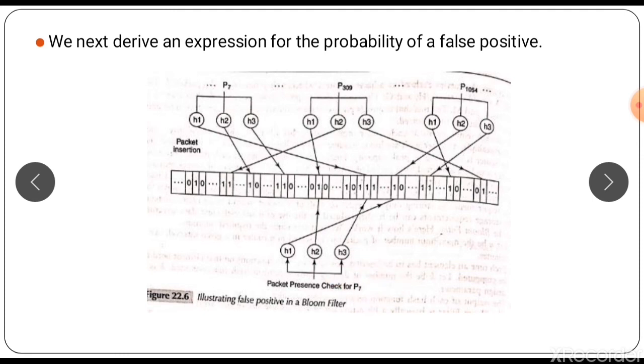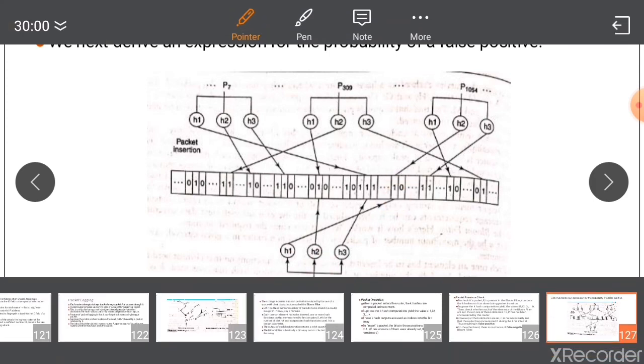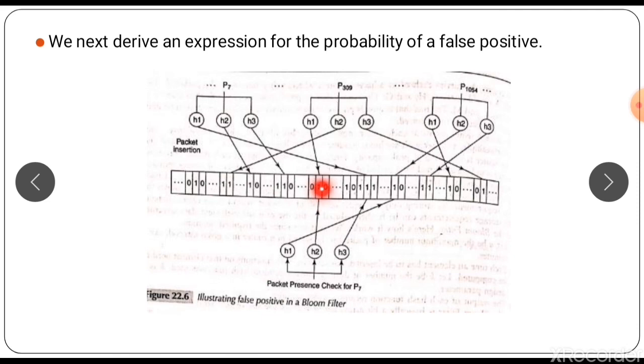First it will compute hash H1 on P7, H2 on P7 and H3 on P7, and it will look to see if the corresponding bits in the Bloom filter are set. H1 of P7 will yield this index, so it will check whether that bit is set. Similarly, H2 of P7 will yield this particular position, so it will check whether that bit is set. Similarly, H3 of P7.